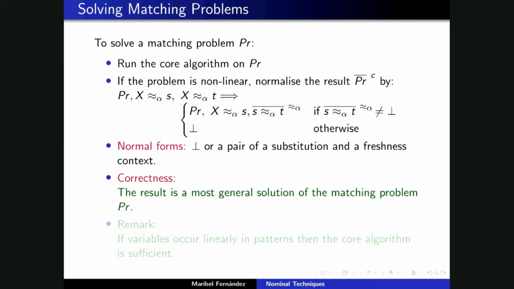So what we come up with is really the most general solution. And just an observation, if variables are linear, so you can't have two occurrences of x here, then obviously this phase is irrelevant. You're not going to need this rule, so you can just stop after running the core algorithm.